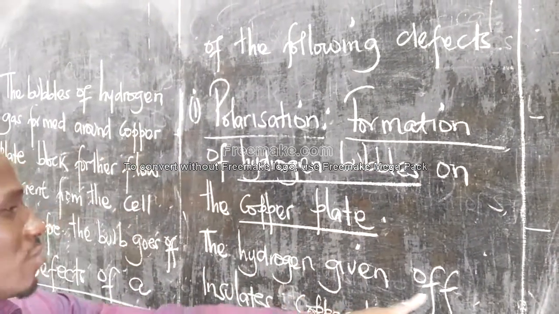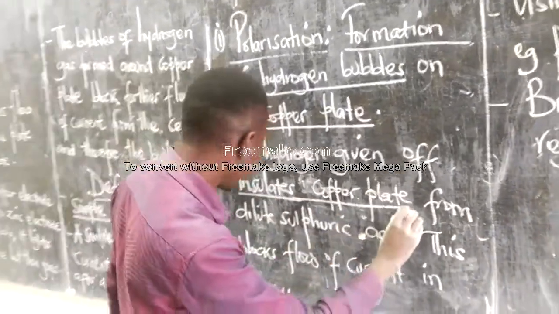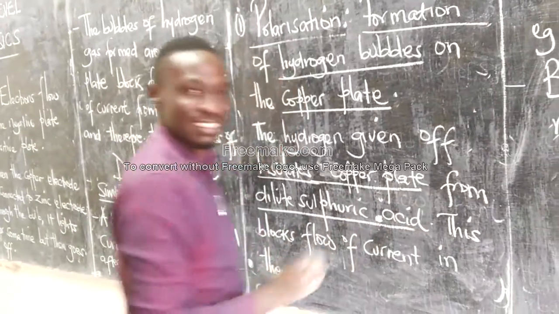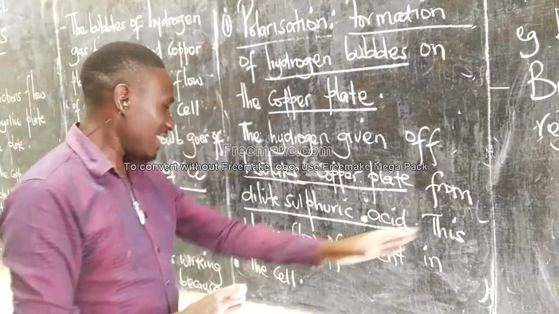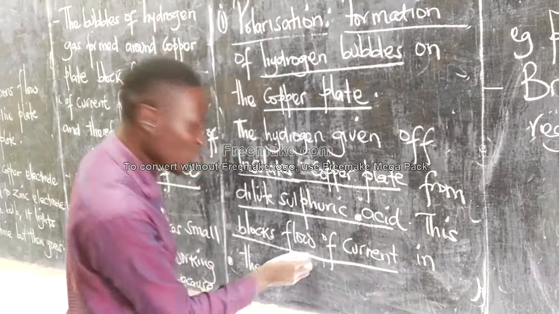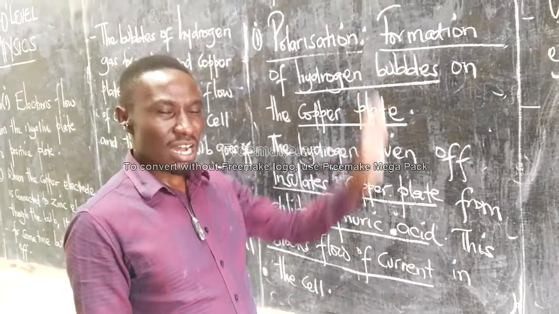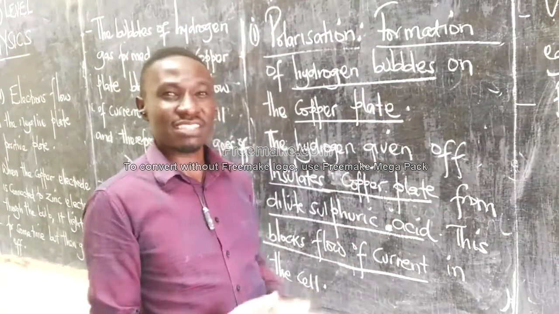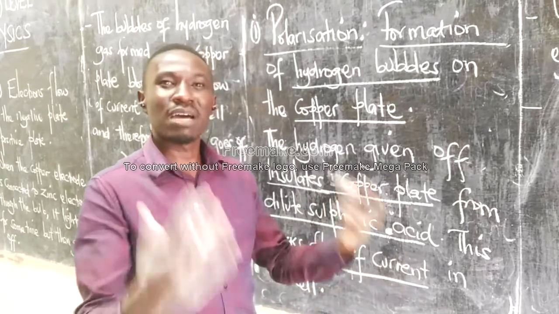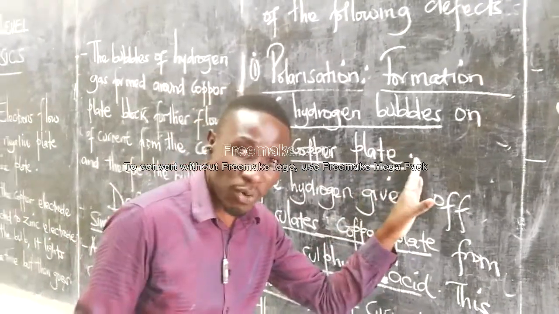So these hydrogen bubbles formed insulate the copper plate from dilute sulfuric acid. Therefore, this will block the flow of current, meaning that current will no longer be flowing through the circuit. And at the end of it all, the bulb will go off. That's why I told you it is unreliable.